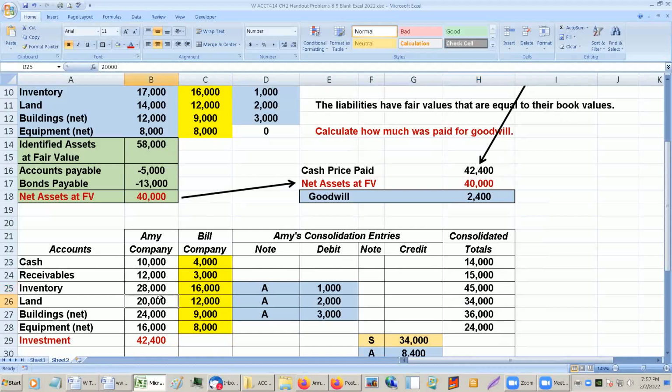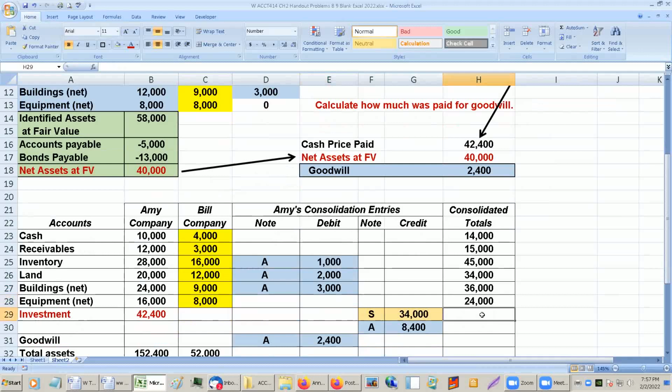All right, make sure this looks right. Okay. Now, hopefully this investment account will zero out. We don't want it on the books anymore. Yay.